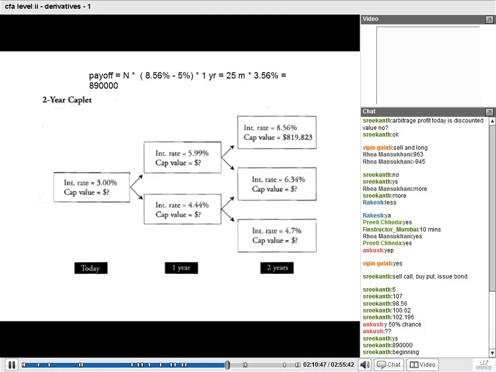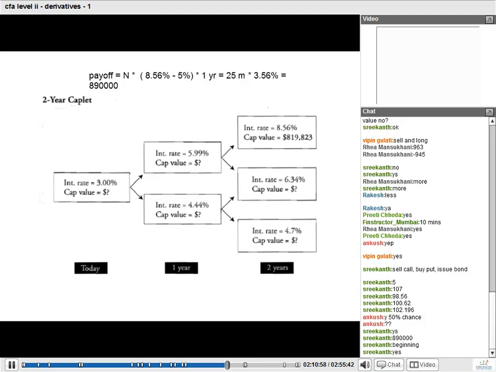The interest rate at the end of 2 years is 8.56%. Here we checked for the 1 year rate. Even if the cap is exercised here, the savings of $890,000 will accrue to me at the end of this period.